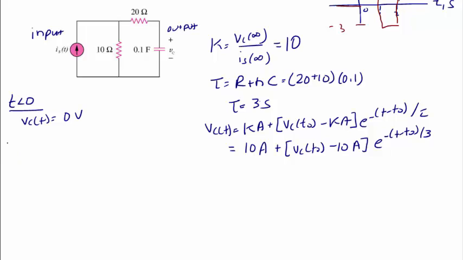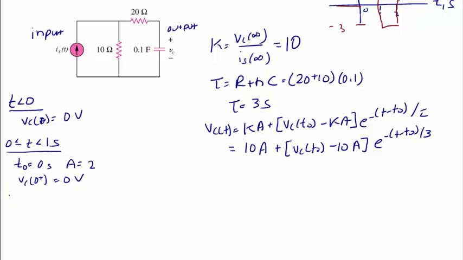The next interval is for t between 0 and 1 second. The interval between 0 and 1 second, t naught, the beginning time, is 0 seconds. The amplitude of the source at that point, A, is equal to 2. And because voltage is continuous across all time intervals, since VC of 0 is equal to 0, VC of 0 plus, the time right after, would also be 0.